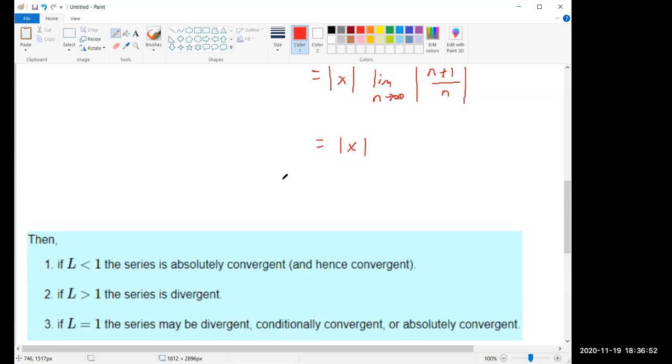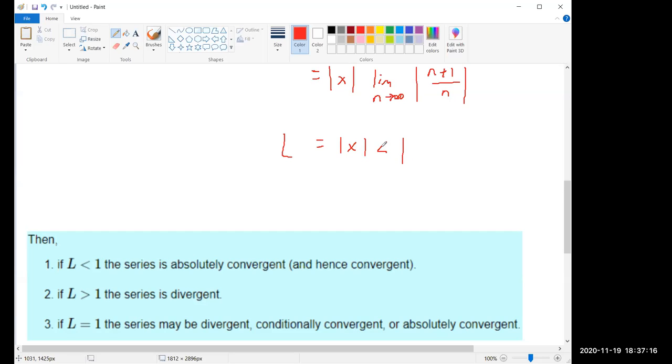All right, this is what we're going to do, guys. Here's the answer. The ratio test says that it's going to converge if the limit is less than 1. So what we're going to do is solve for when the limit is less than 1. That's what we're going to do.